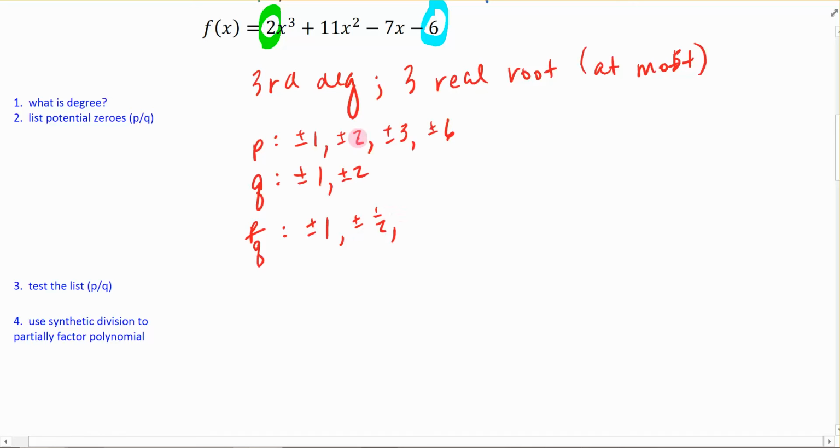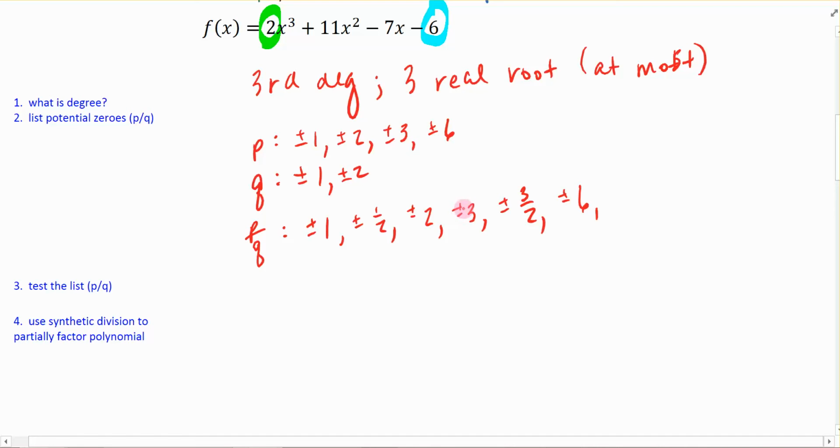Next, 2 over 1, so plus or minus 2. 2 over 2 is 1, so that's repeated. Now 3 over 1, plus or minus 3, and 3 over 2, plus or minus 3/2. And finally 6 over 1, plus or minus 6, and 6 over 2, which is just 3, so we don't repeat it.